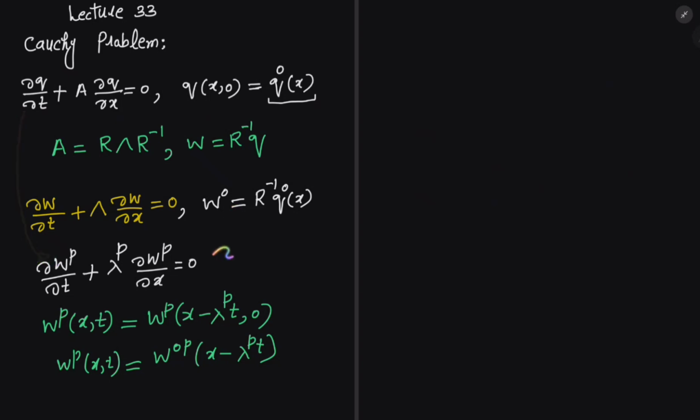So when we solve for w, we need to convert it back to q by using this transformation, by using this equation. For example, if we know what w is, then we can find q from here, by multiplying both sides with R, you get q.